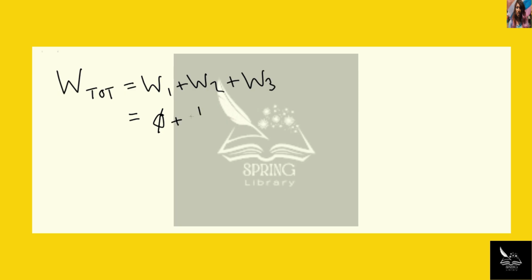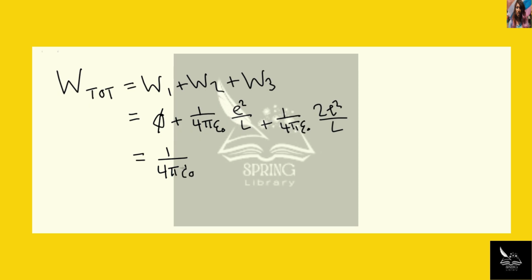We have the second one, 1 over 4 pi epsilon naught e squared over L, plus 1 over 4 pi epsilon naught 2e squared over L, which simplifies down to 1 over 4 pi epsilon naught, always the recurring player, 3e squared over L.